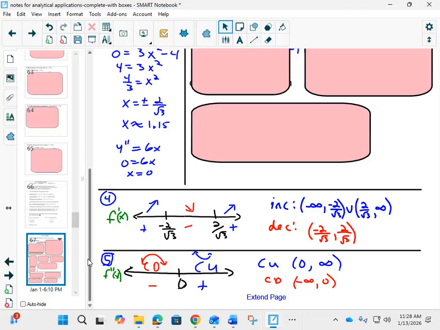Now, if we want to add this information to our graph, we need these points. What the first derivative finds is just the x-coordinates of possible maxes, mins, stationary points. What the second derivative finds is just the x-coordinate of possible inflection points.